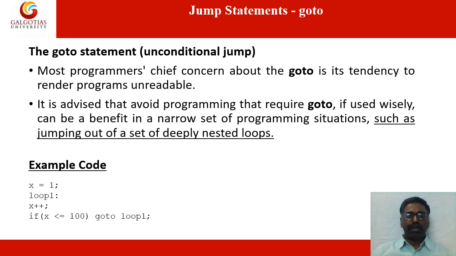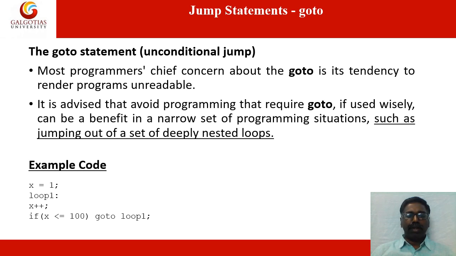The main concern programmers have about the goto statement is its tendency to render programs unreadable. The main advice for programmers is to try to avoid the usage of goto statements in C, since goto is an unconditional jump statement, and multiple uses of goto statements can easily confuse programmers or unnecessarily make the program go into an infinite loop so that it cannot terminate properly.